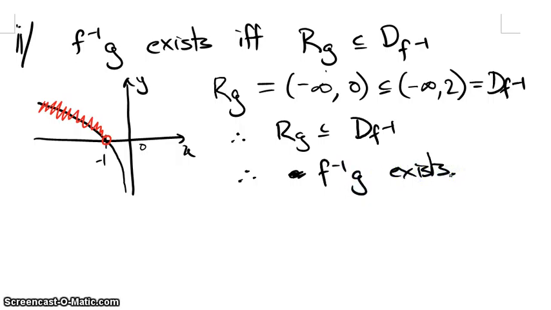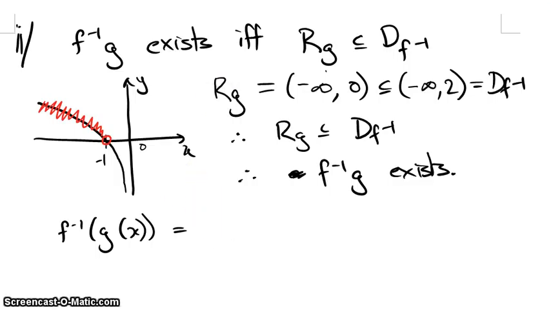So now that we know that it exists, we need to be able to express it in similar form. How do we do this? Well, we work out what is f inverse g of x to find the rule. This means I want to know what is 1 minus, actually no, let's not do it that way.